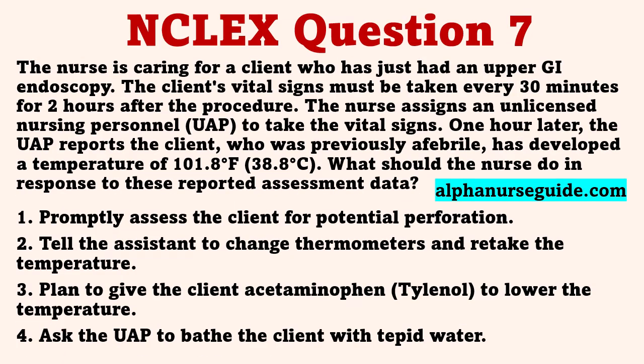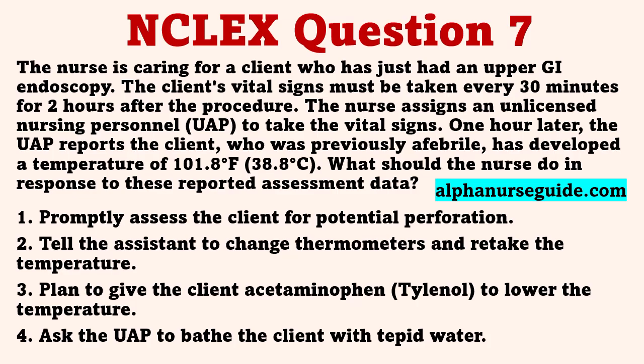The nurse is caring for a client who has just had an upper GI endoscopy. The client's vital signs must be taken every 30 minutes for 2 hours after the procedure. The nurse assigns an unlicensed nursing personnel to take the vital signs. 1 hour later, the UAP reports a client, who was previously afebrile, has developed a temperature of 101.8 degrees Fahrenheit.